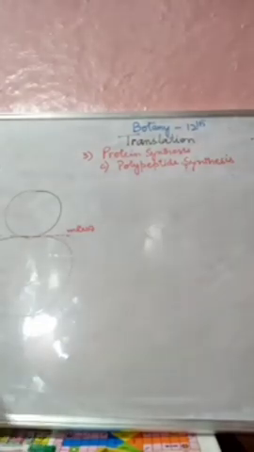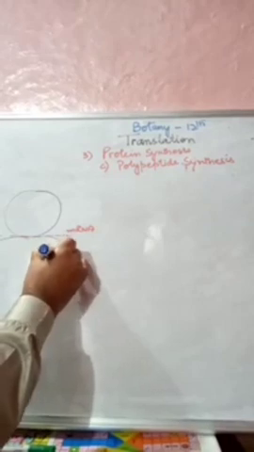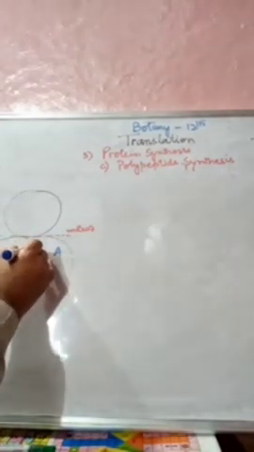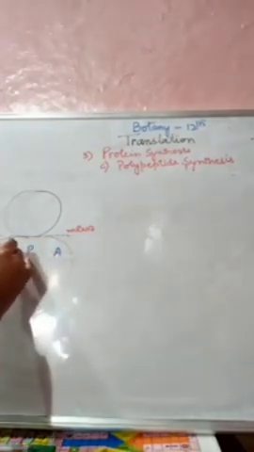And what are those codes? We have got different sites, that is A, then we have got the P, and then we have got the E. These are the sites.